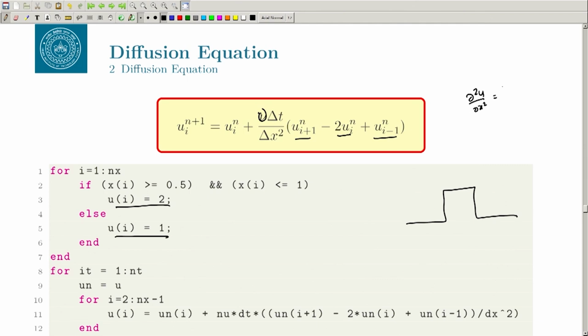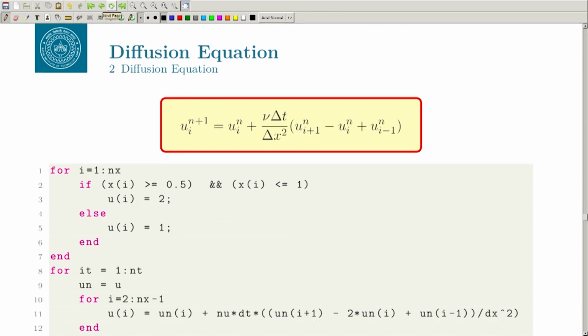So, this will be u i plus 1 minus 2 u i plus u i minus 1 by delta x square. This is the double derivative, and we derived in the last class the discretization scheme for the double derivative, right. That is what we have used there, and you can see nu dt, u n i plus 1, u n i and u n i minus 1 here by dx square. So, please go back and write this code in your favorite software or language.